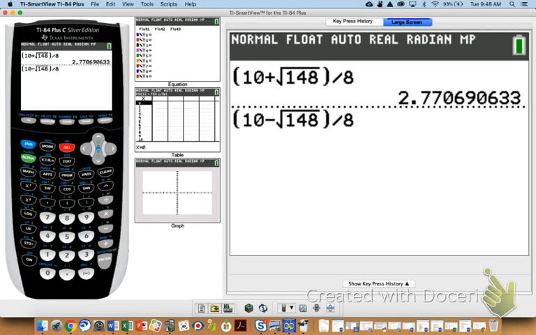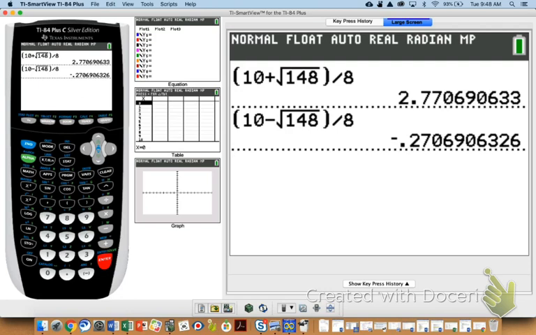Arrow right will get you out of the radical. So the other answer would be negative 0.3. So Caroline, we got it right. Yay. Just arrow right. That'll get you out from underneath the radical. Negative 0.3 and positive 2.8 would be your two solutions here, right?